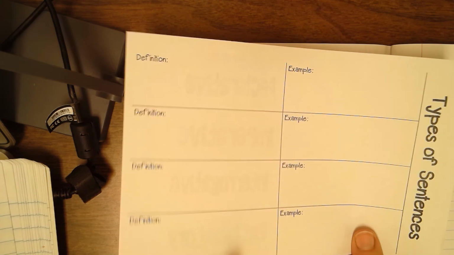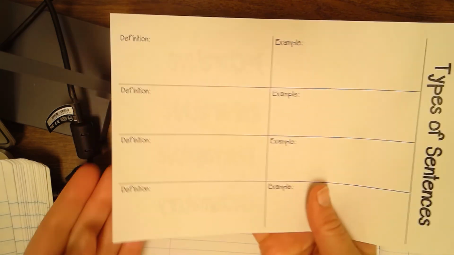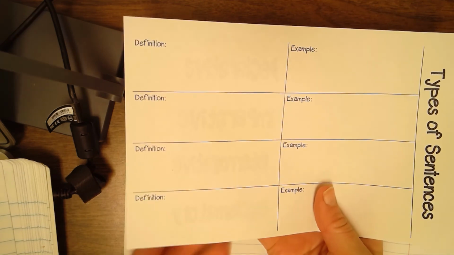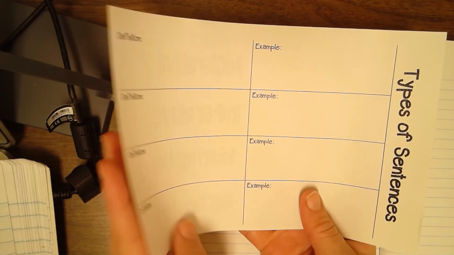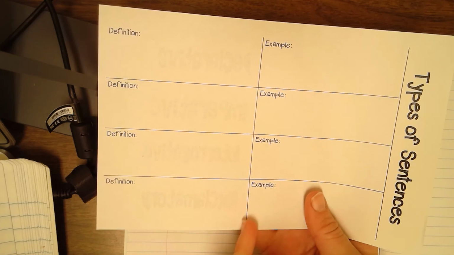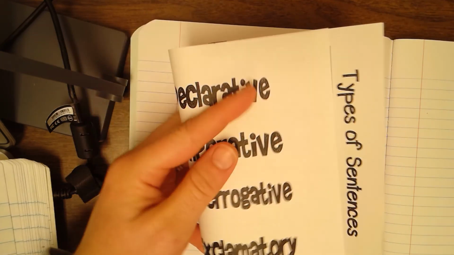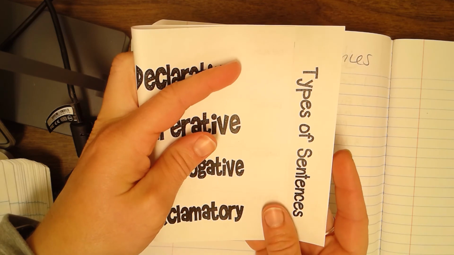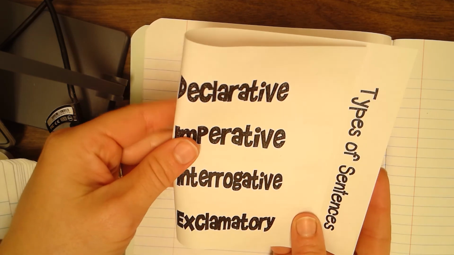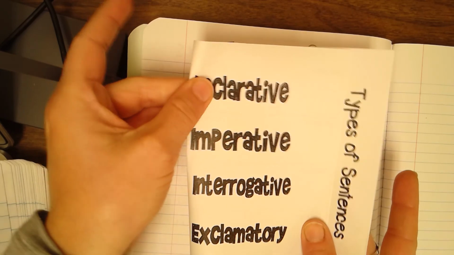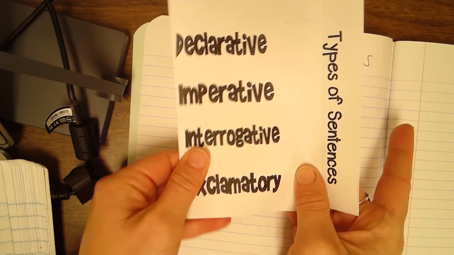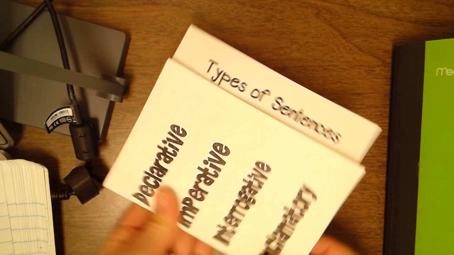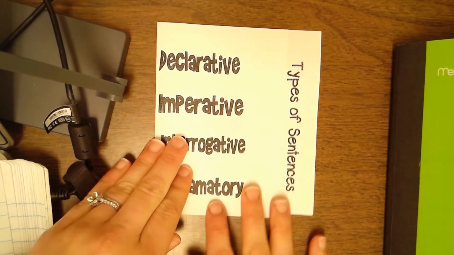So to fold and cut this foldable, you're going to take this side that has the definition word 4 times, and you're actually going to fold this over and you're going to fold it on this line that's in the middle here. So when you fold it, it's going to line up as best as you can with your types of sentences text that's over here, okay?